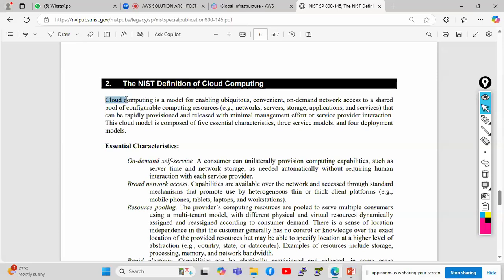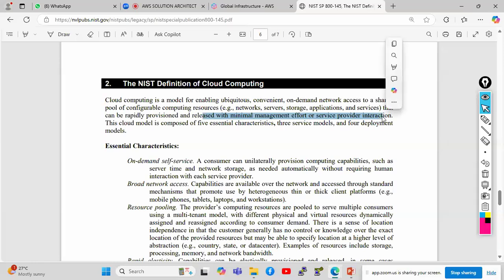See here, cloud computing is for enabling ubiquitous, convenient, on-demand network access to a shared pool of computing resources. What are those? It could be virtual networks, virtual servers, storage, applications, that can be rapidly provisioned, meaning they can be installed fast, and after usage we can release them.